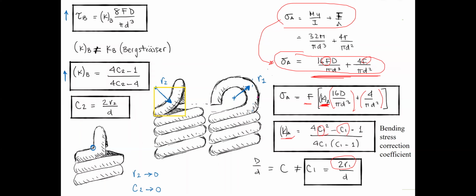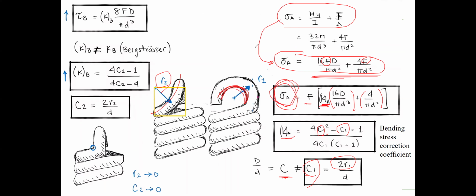Previously we mentioned R1 and R2 are the radii of this hook. We say C1 is the geometric factor. Similarly, Ka is the geometric correction factor, and C1 is not equal to the spring index. So this is sigma A.